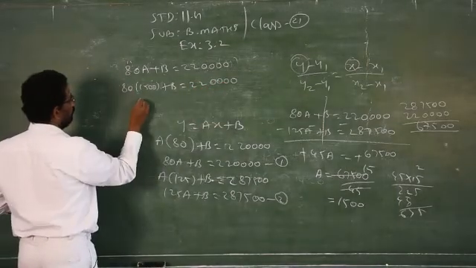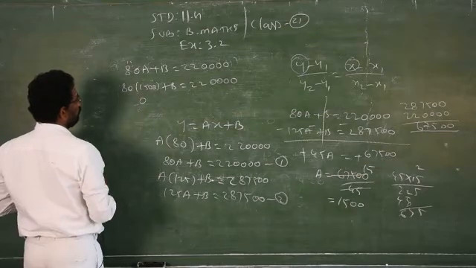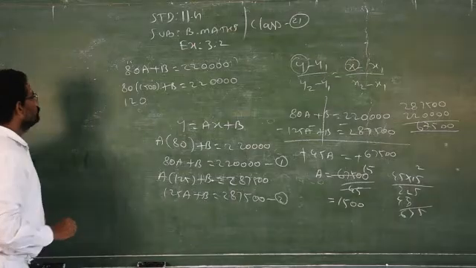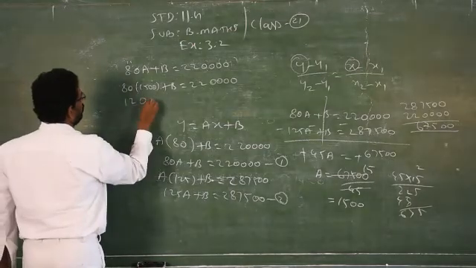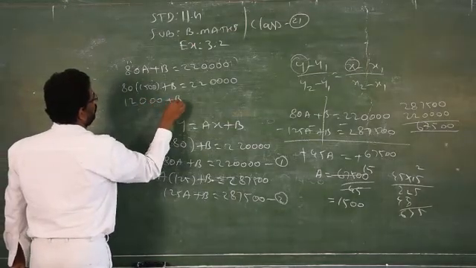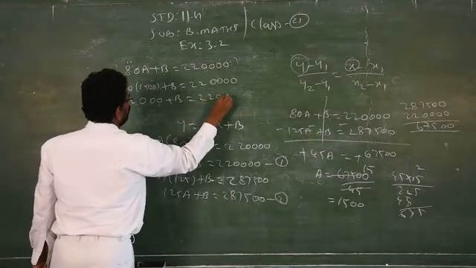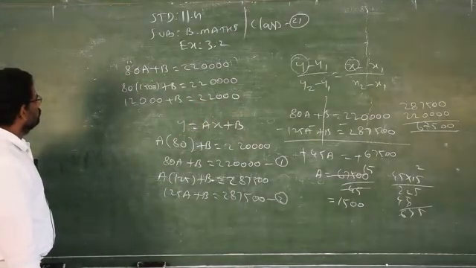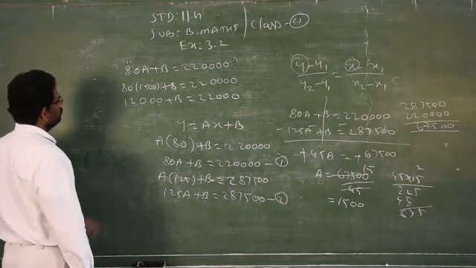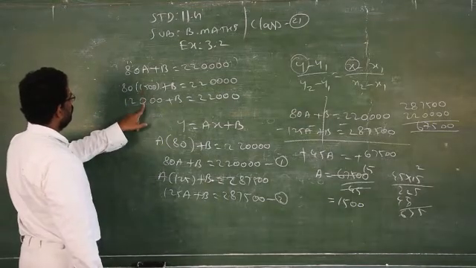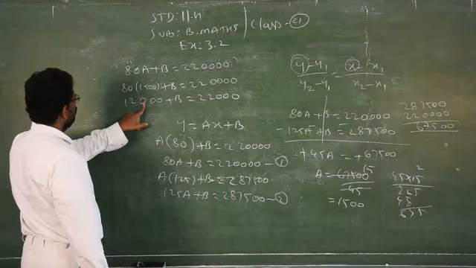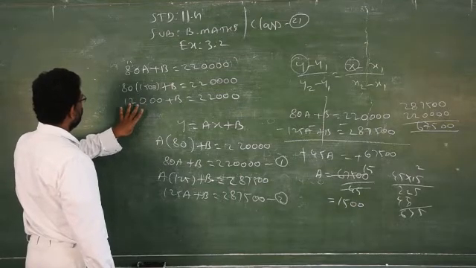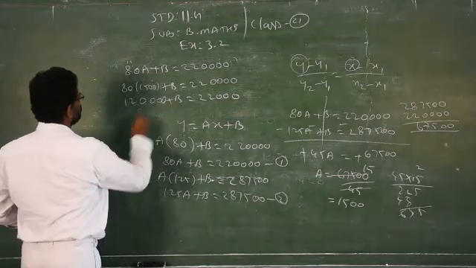Just multiply: 8 5s are 40, 4, 8 1s are 12, 3 zeros, plus B.